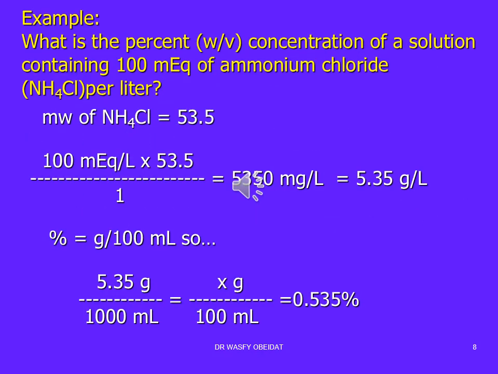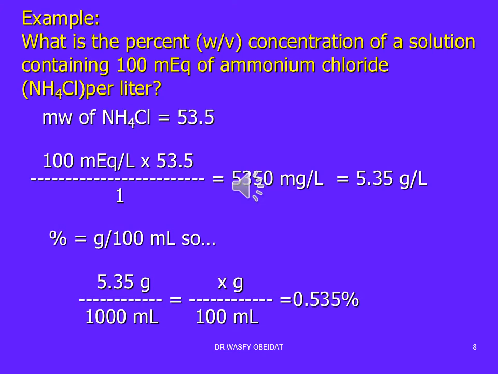This is another example to convert into a certain percentage concentration, which is weight per volume, from milliequivalents. So basically it is a conversion from milliequivalents to percent weight per volume.